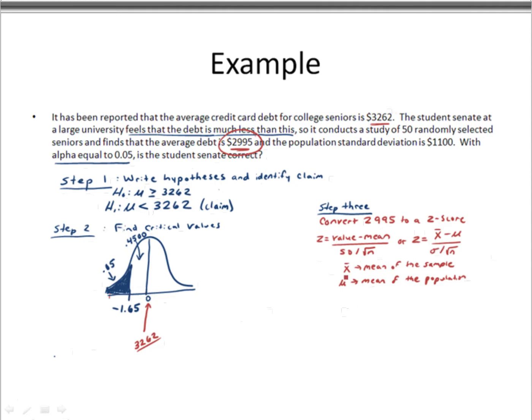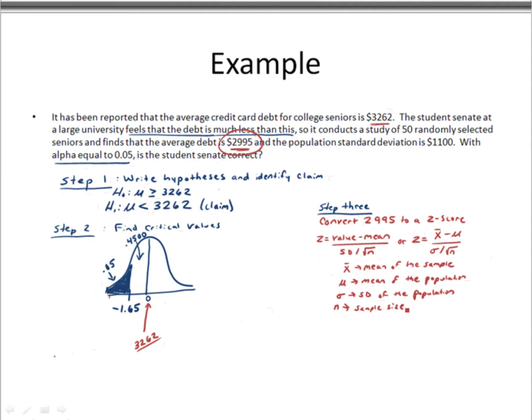The sigma is the standard deviation of the population. And it's going to become important to us that we actually have the standard deviation of the population. If not, we're going to have to talk about how things might change in that scenario. And then the little n is the sample size.